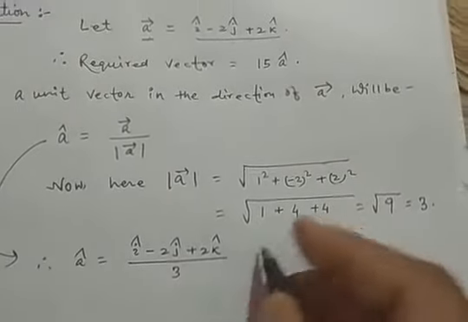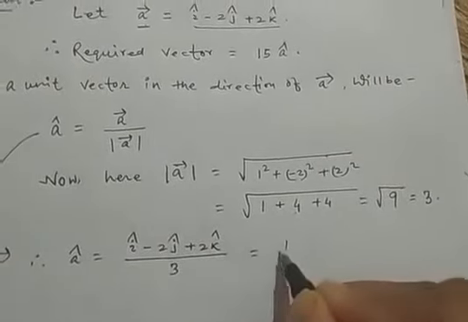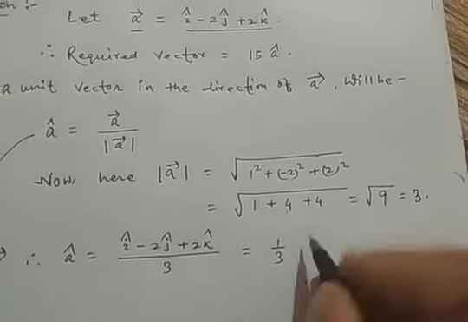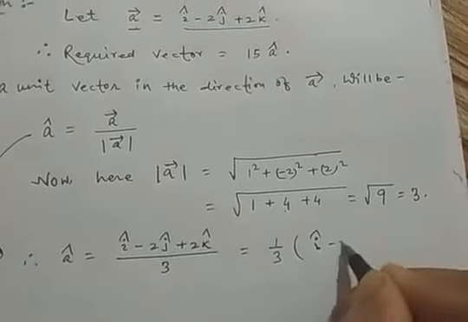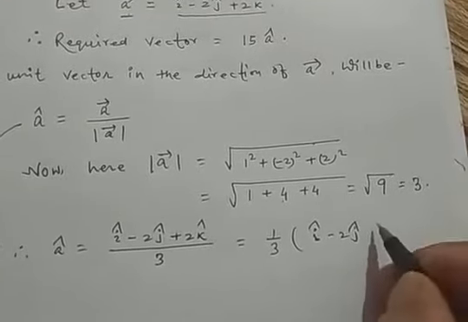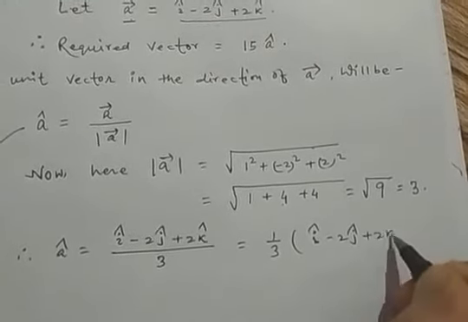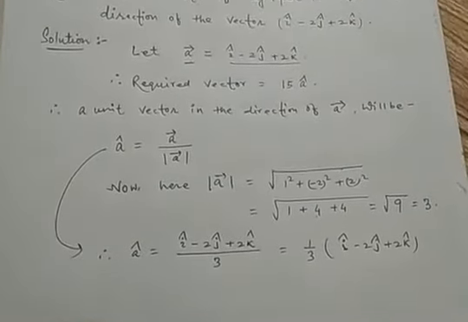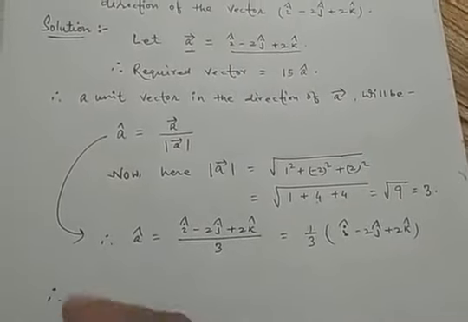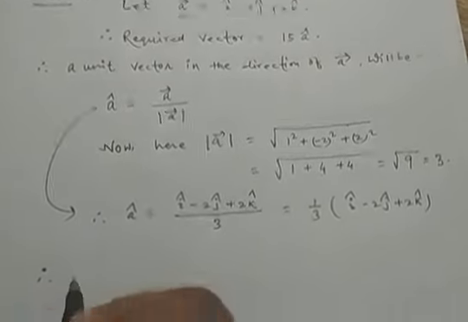Okay, so A cap equal to 1 upon 3 into i cap minus 2j cap plus 2k cap.